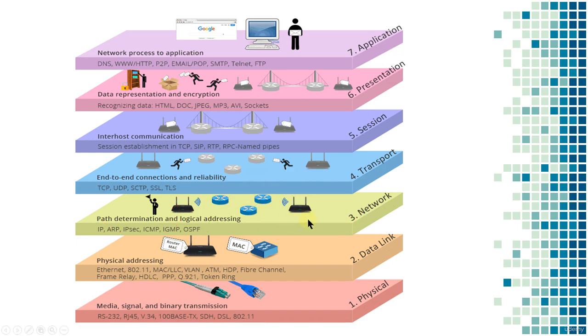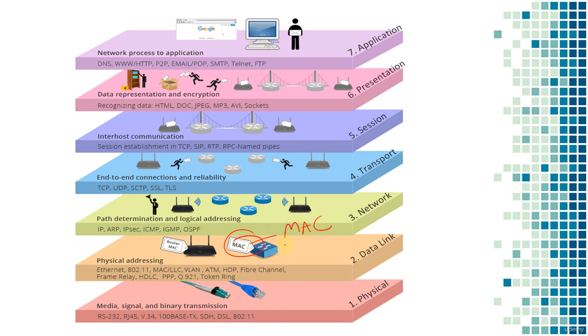Then we have the data link layer, and you can see at the data link layer we are using switches, and these are manageable, intelligent devices, by the way. So what could be the issues here? Could be issues with the MAC addresses, and we could have many issues.